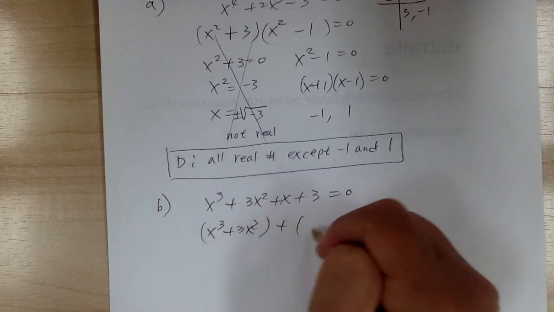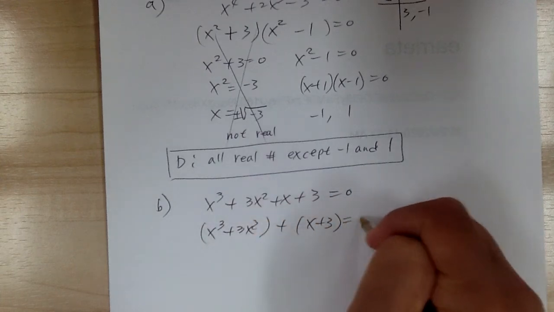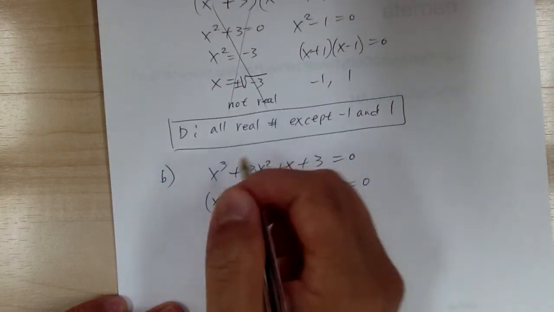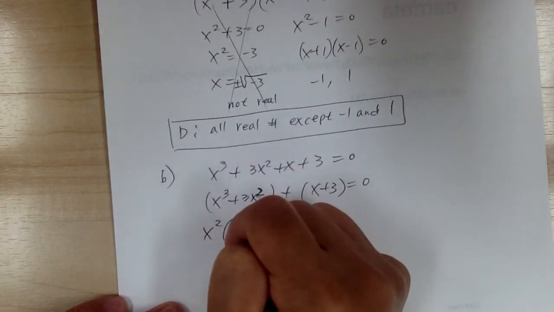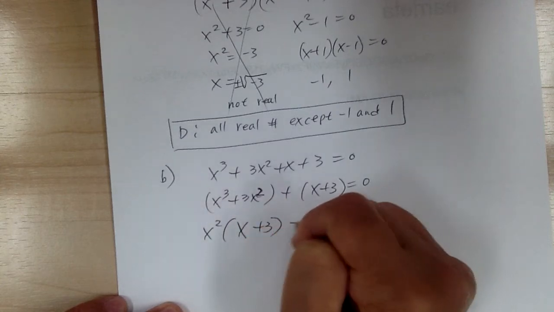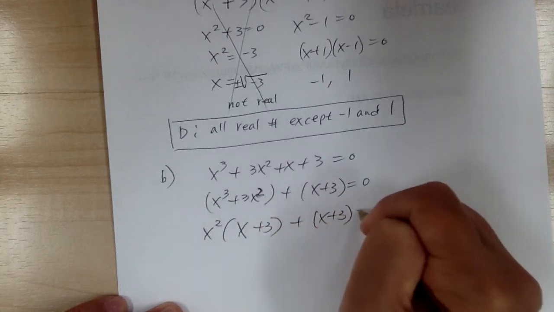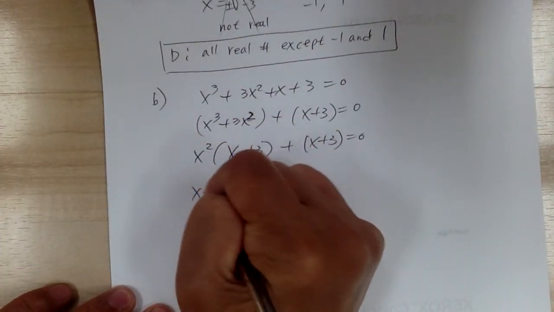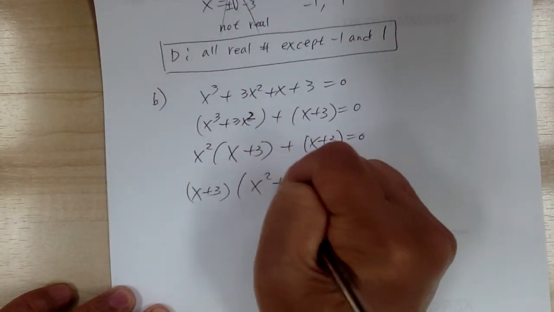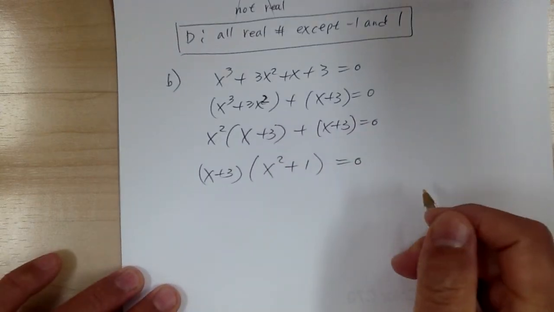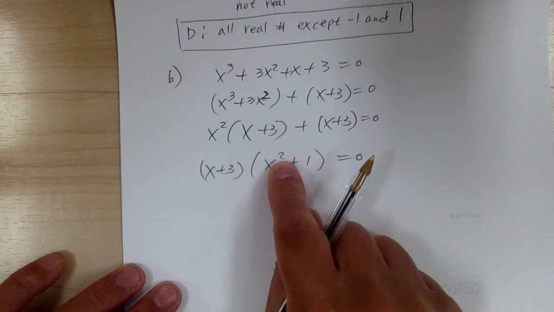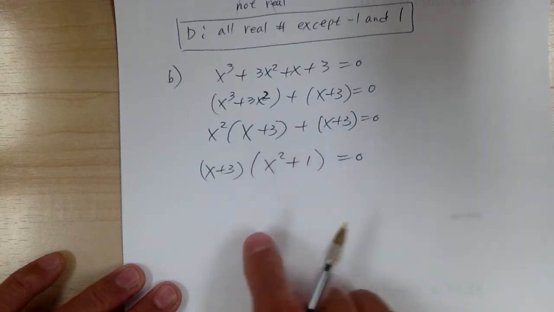And you always put a plus between the two groups, right? So factor out the x squared, and you get x plus 3, plus x plus 3. And you can factor out the x plus 3. So you're going to get x squared plus 1 equal to 0. Again, this will never equal 0 because x squared is positive, and a positive number plus 1 is not going to give you 0.